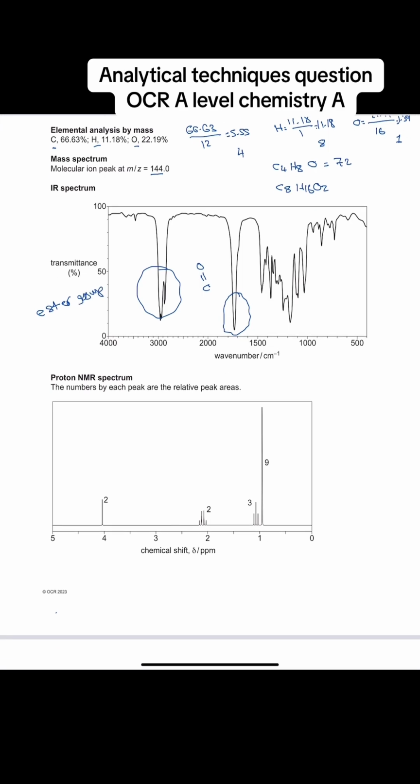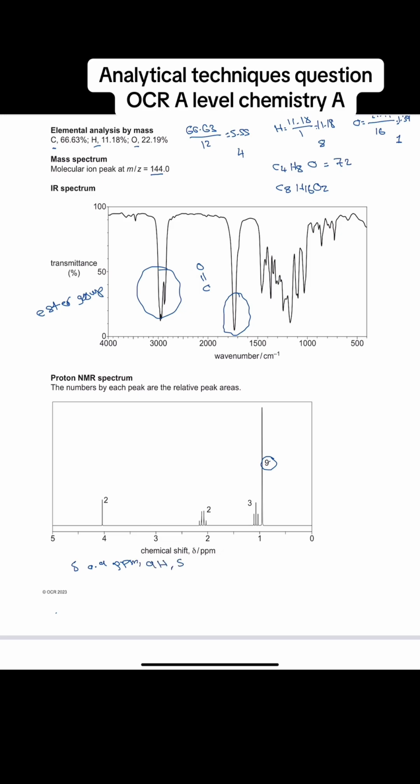And then we have the proton NMR. Let's take it one by one, signal by signal. The first signal we have is the 9 protons here, which are around 0.9 parts per million. The chemical shift is 0.9 ppm, and it's 9 protons, and it's a singlet.